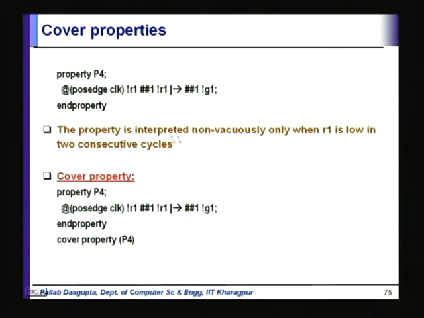Now, this property is interpreted non-vacuously when R1 is low in 2 consecutive cycles. In all other runs, the property becomes vacuously true. So, we write this as a cover property like this, just like we defined assumed properties, we can write it as a cover property.